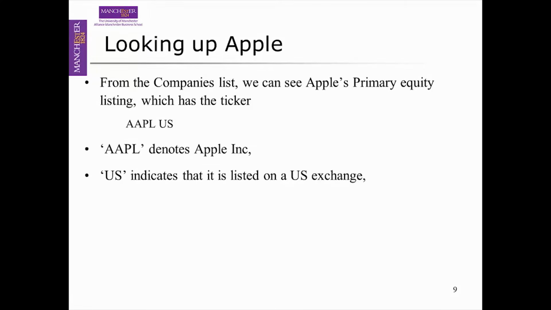From the companies list, we can see that Apple's primary equity listing has the ticker AAPL-US, where AAPL denotes Apple Incorporated, and US indicates that it is listed on a US exchange.